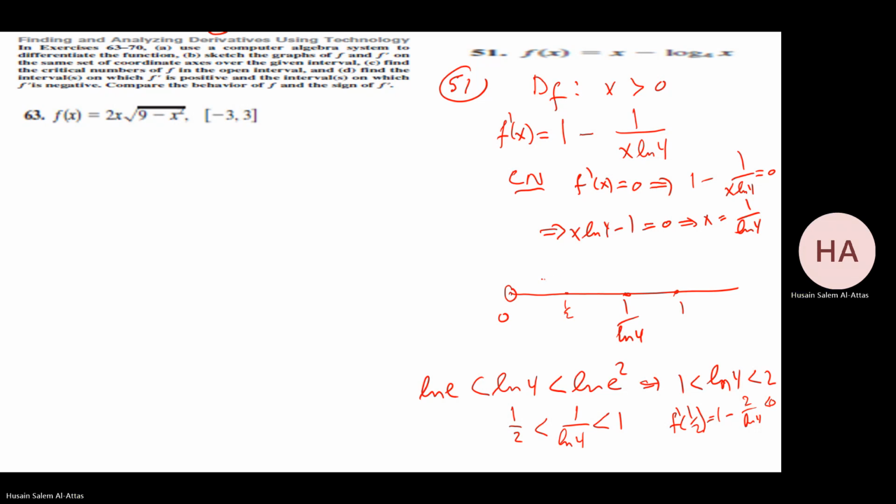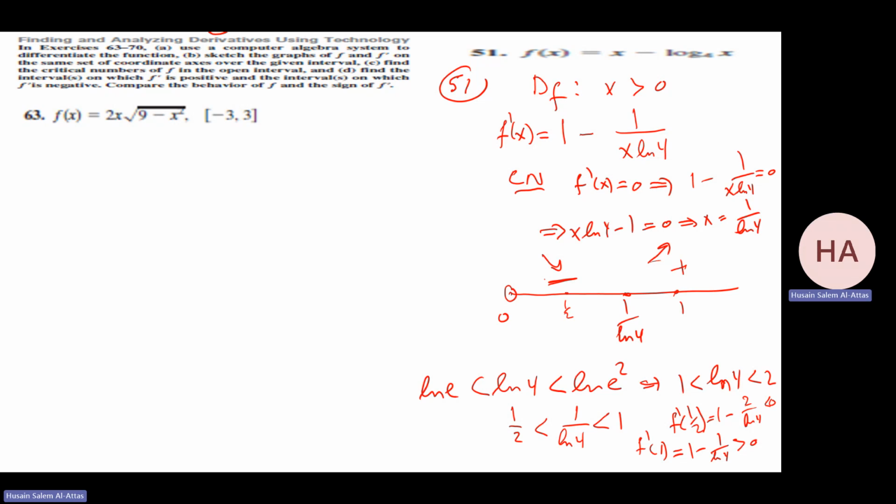But f prime at 1 will be 1 minus 1 over ln 4. Ln 4 is something between 1 and 2. So this is positive. So it's decreasing, increasing.